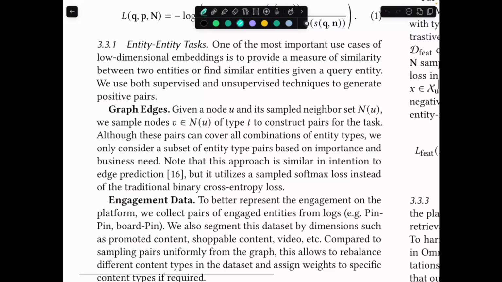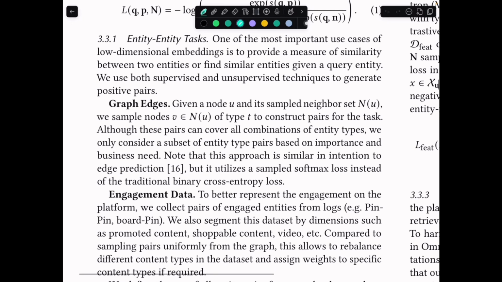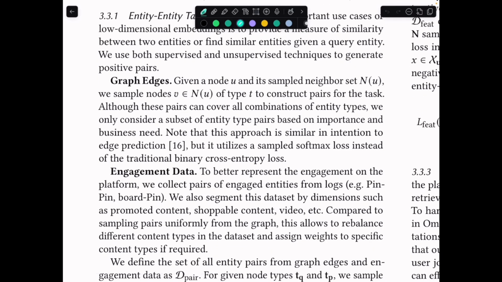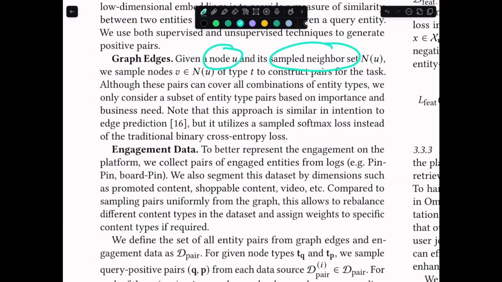Next, let's talk about the entity-to-entity task. The entity-to-entity task measures the similarity of two embeddings. It is used to supervise two goals. One is the similarity of a node and its sampled nodes. Basically, the distance between one node and its graph neighbors must be close. The second supervision goal is for the engagement data.